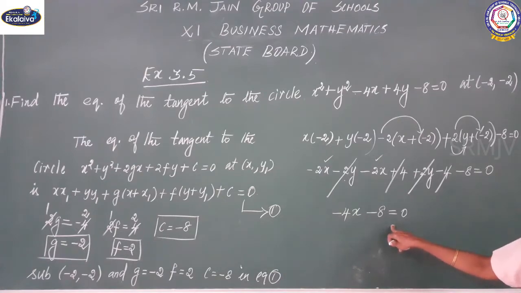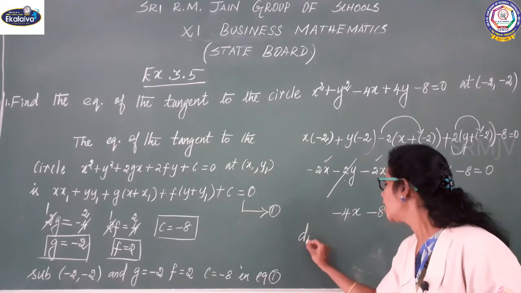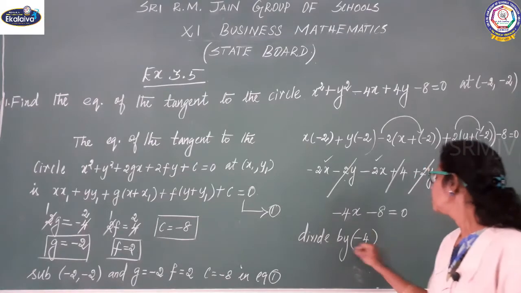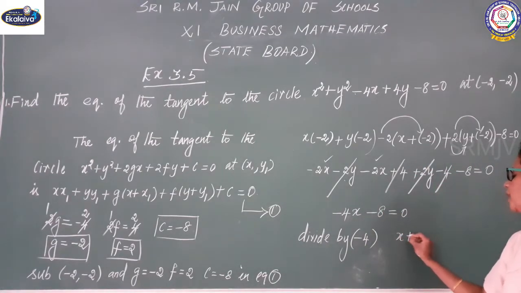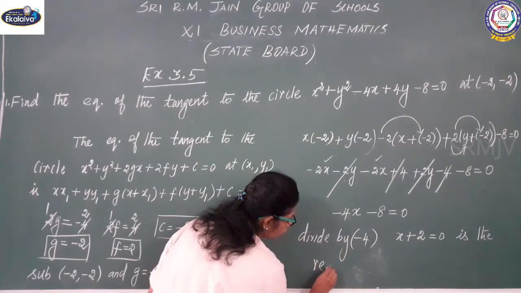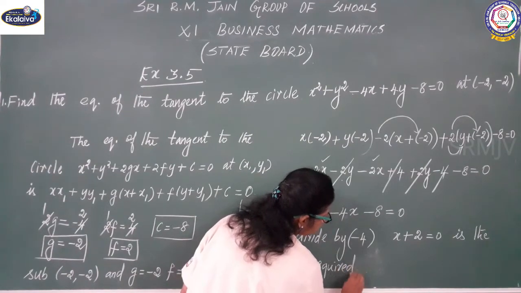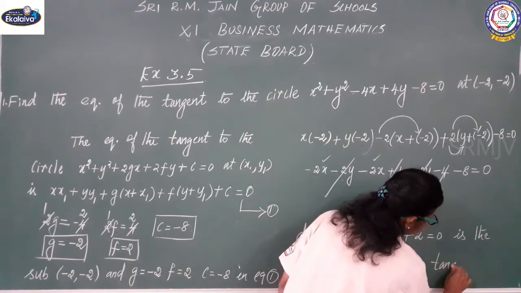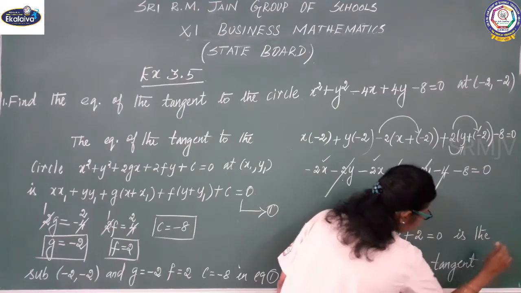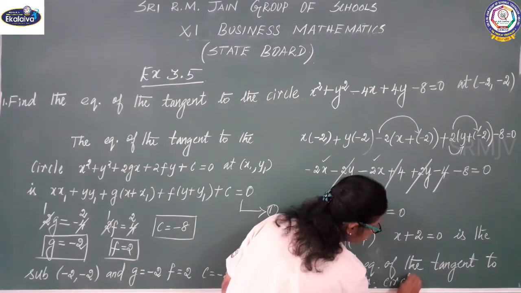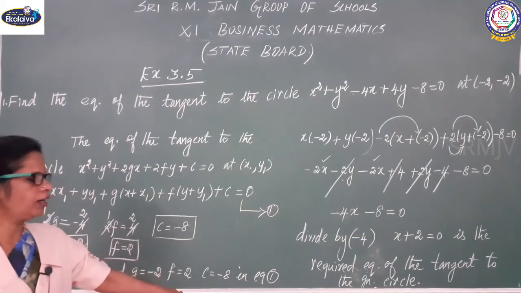Everything is a multiple of minus 4, so you can divide by minus 4, then you get the result as x plus 2 equal to 0, which is the required equation of the tangent to the given circle.